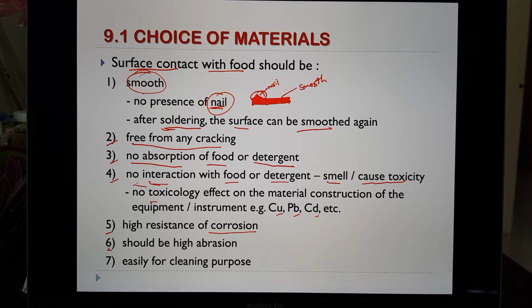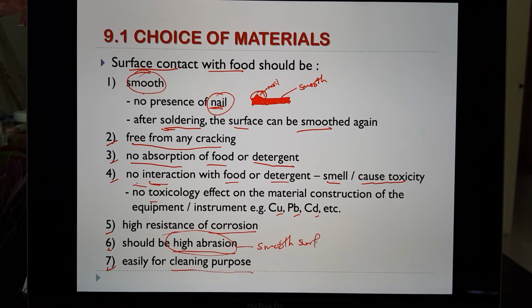And for number 6, it should have high abrasion resistance. For number 7, it should be easy for cleaning purposes. It is easy to clean the surface. For this high abrasion resistance, the surface should be smooth as well.